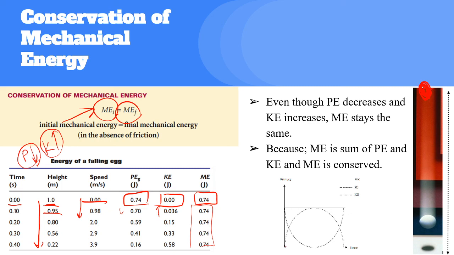We are not able to see the mechanical energy in this diagram, but mechanical energy is going to be something like this. Your mechanical energy is the same throughout. One energy is decreasing, the other energy is increasing, and that increase and decrease is not linear, it's curved. Energy conservation is going to have such a diagram or graph.